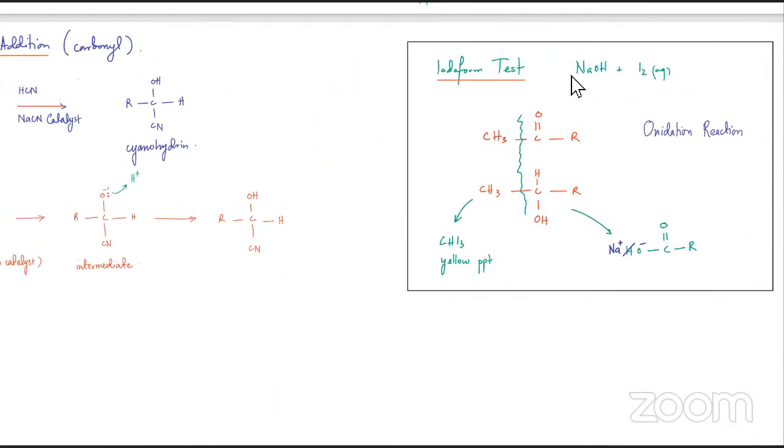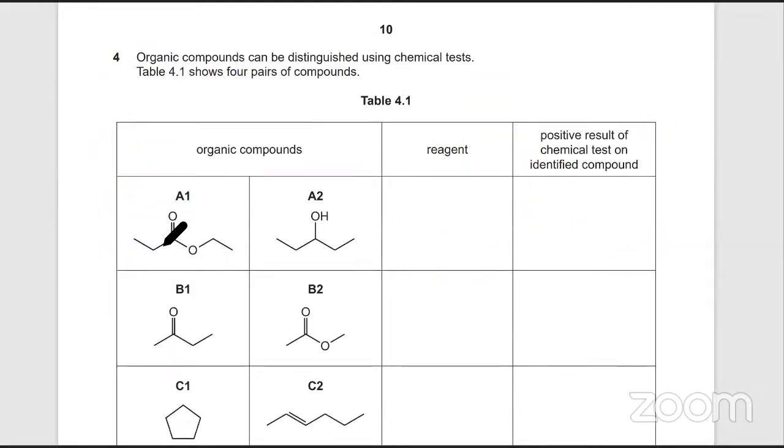Iodoform is for a methyl with a carbonyl C double bond O, or a methyl with CHOH. You don't have that. This is CH3, this is methyl, but next door there is no CHOH; there's a CH2. This one again is a methyl, but next door there is a CH2, not a CHOH. Is that clear? Yes, sir.